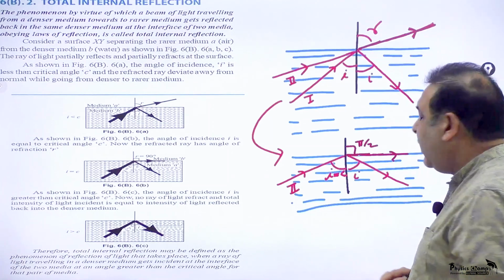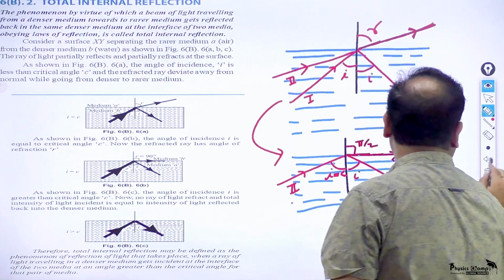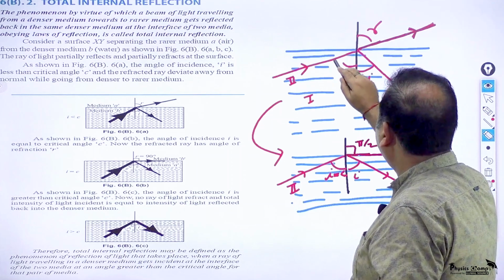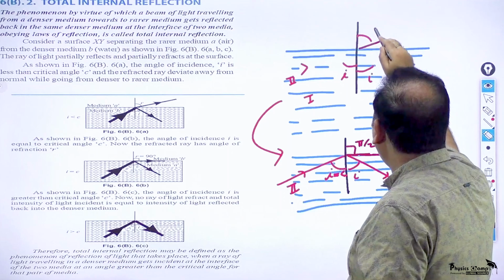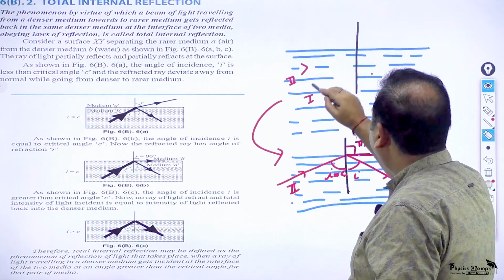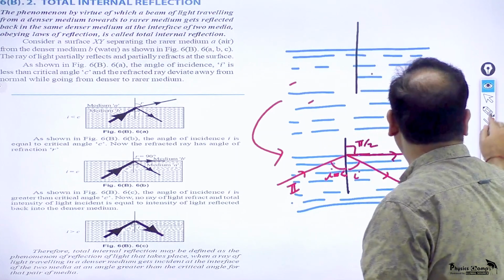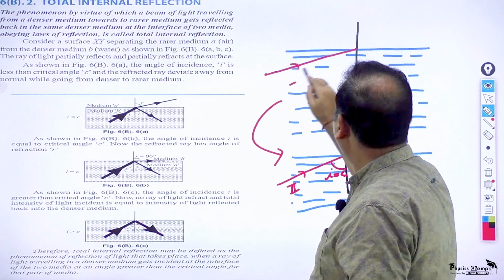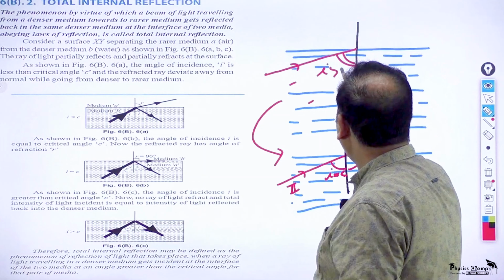Now let's take another situation. So I take the third situation, and in the third situation, the angle of incidence is increased beyond the critical angle.